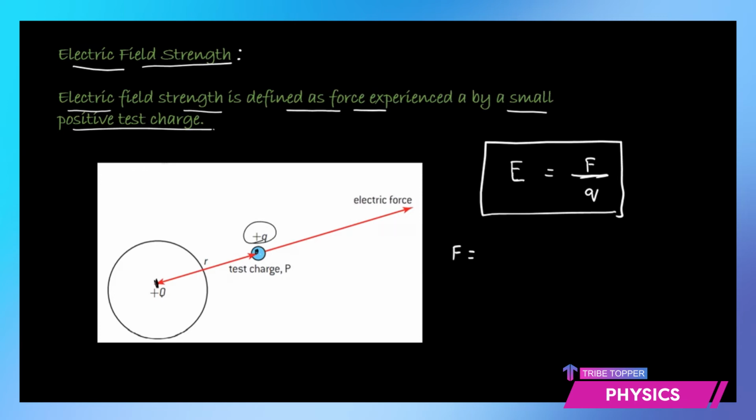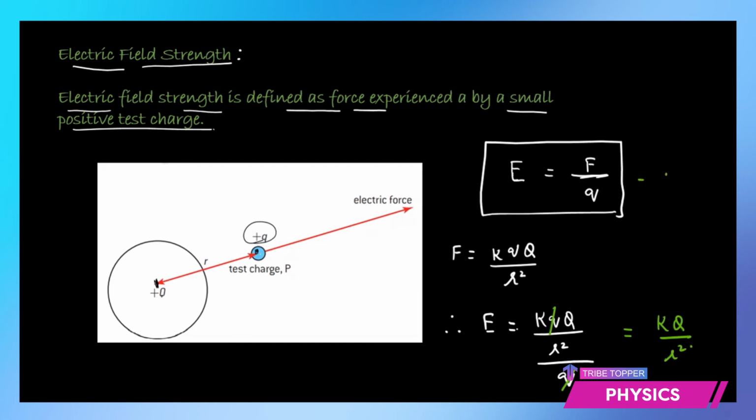That will be k Q q by r square. And I say that the electric field strength is the force experienced per unit charge. Therefore, the electric field strength will be F by q, that means kQq by r square divided by q. So small q will cancel out. So your expression for electric field strength can be kQ by r square.